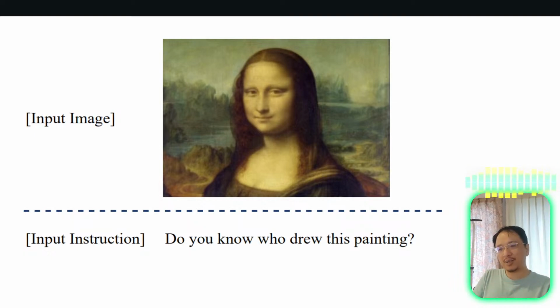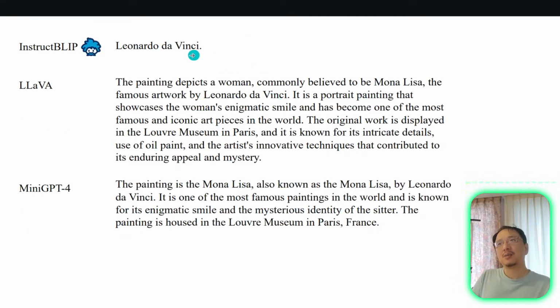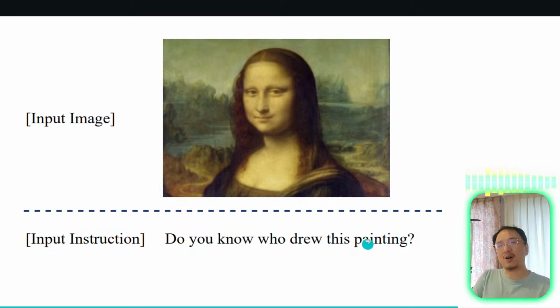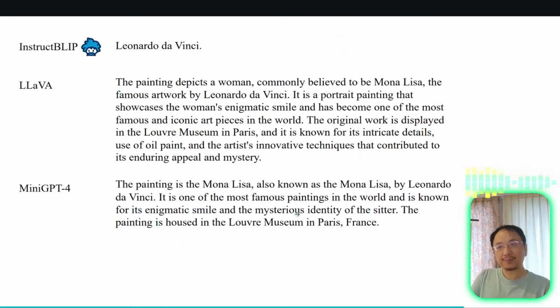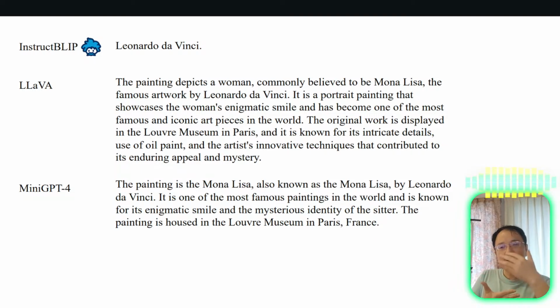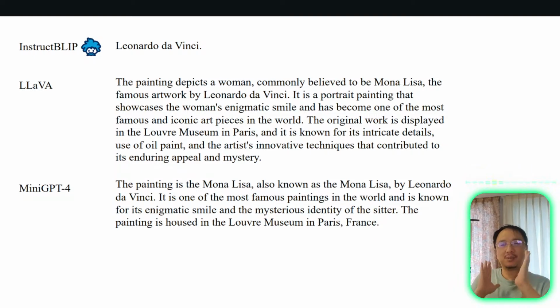And this one demonstrates the strength of this model, InstructBLIP. It asks, do you know who drew this painting? The InstructBLIP reply is Leonardo da Vinci. Although this one is shorter, shorter doesn't mean it's worse, because when you ask this type of question, you are expecting a clear and direct answer.